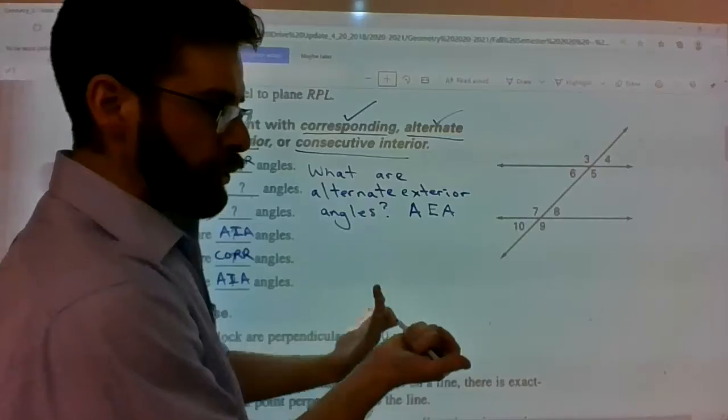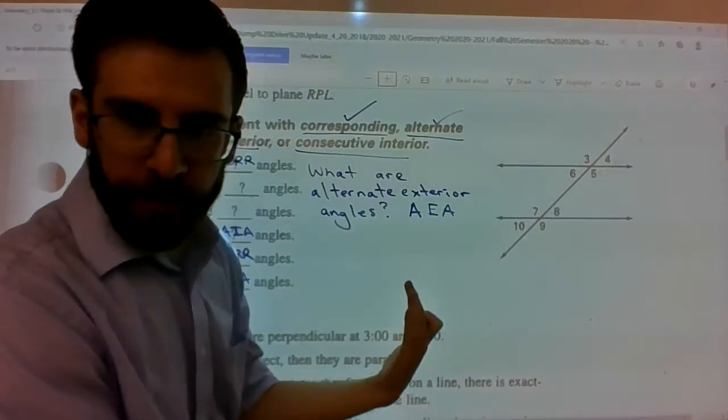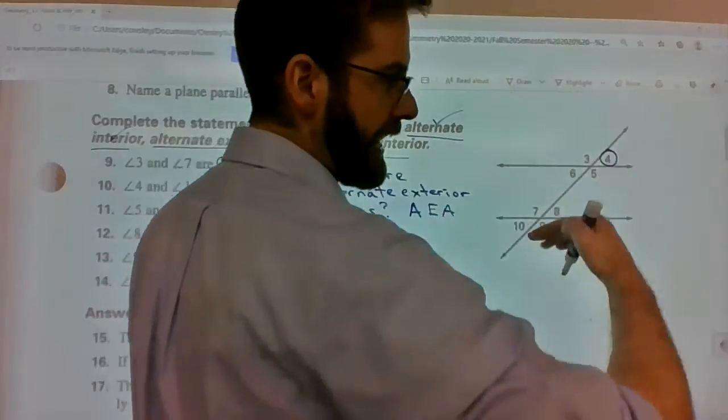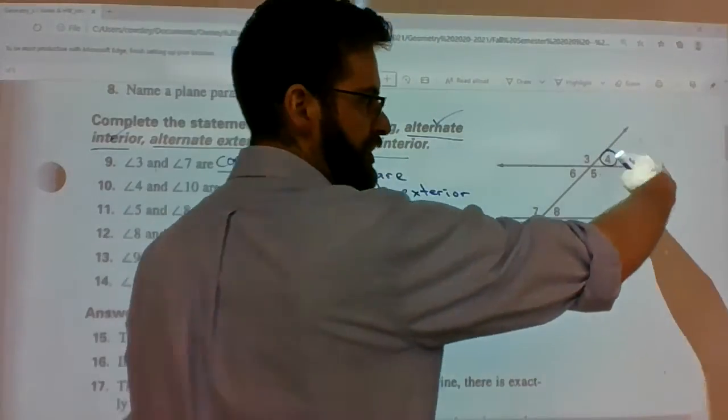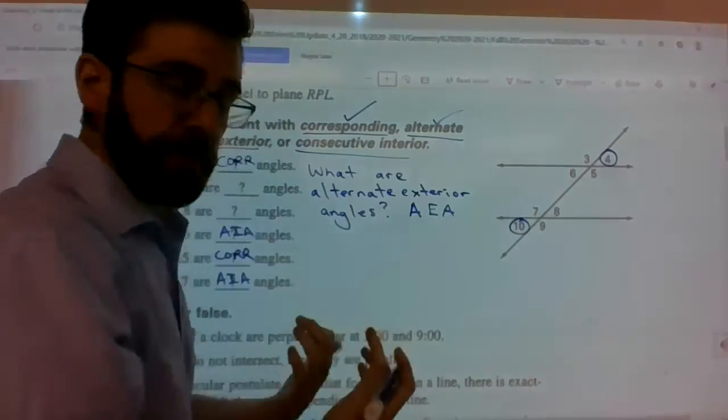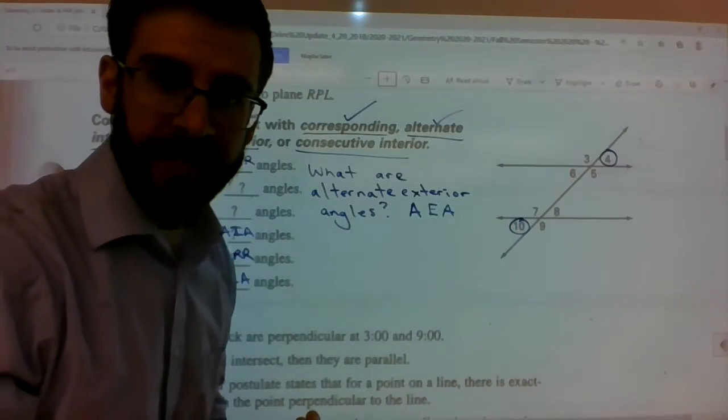So think about alternate in the same way that you did with the previous set. 4 is an outside exterior angle, which is alternate to 10. So these would be considered a pair of alternate exterior angles.